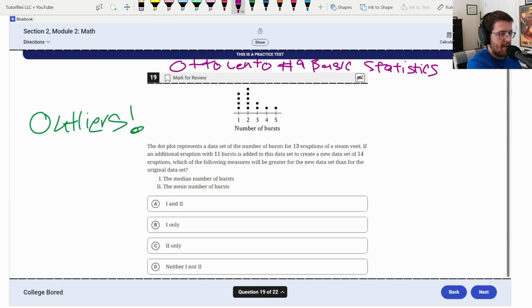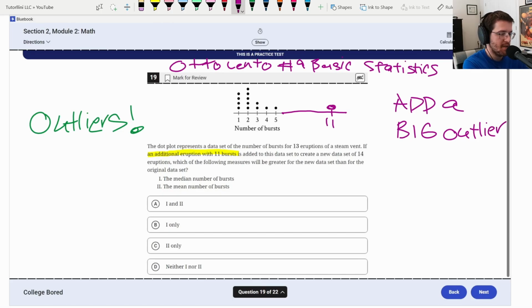Anyway, so if we add an additional eruption with 11 bursts. So let's say 11 is like somewhere over here, and we add another dot. So we essentially added a much bigger number. So in my video, I call this a big outlier.